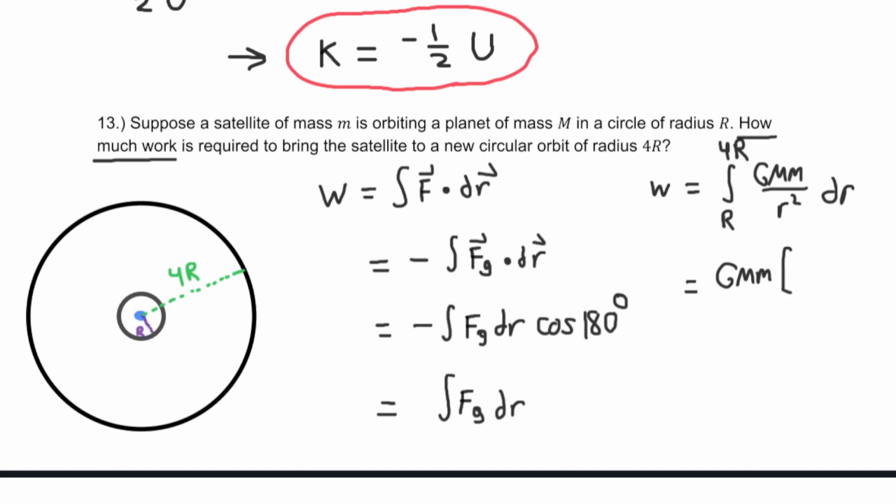And then we're just integrating 1 over r squared, which works to negative 1 over r. And we're evaluating that from r to 4r. So we get GMm times negative 1 over 4r plus 1 over r, which is equal to 3/4 GMm over r.